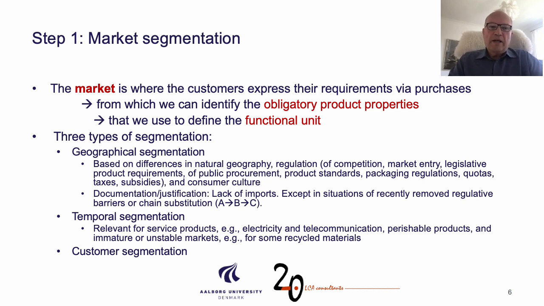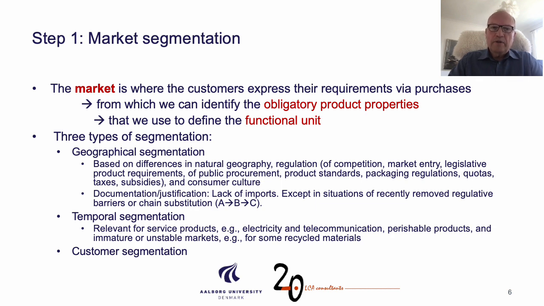And we also have situation for recycled materials where the immature or unstable conditions of these markets may lead to the situation that we sometimes see a limitation of the market by supply and sometimes a limitation due to the demand. And this gives different temporal situations on the market.